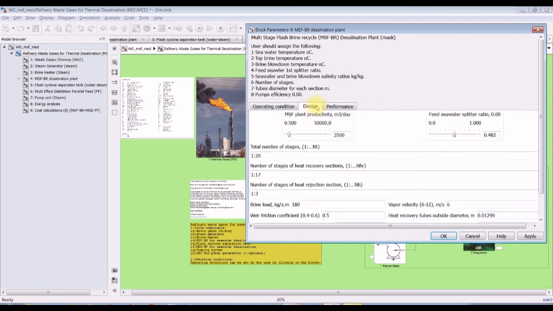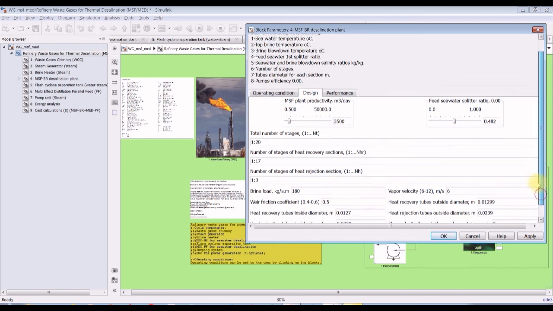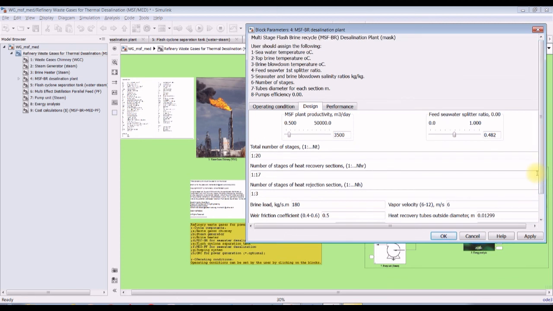Okay. For design, you can assign the total number of stages. I'm going for 20 stages. Heat recovery stages are 17, and 3 stages for rejection. And sure, you can assign what you would like, because it's a model.